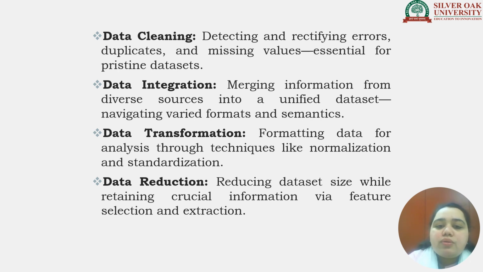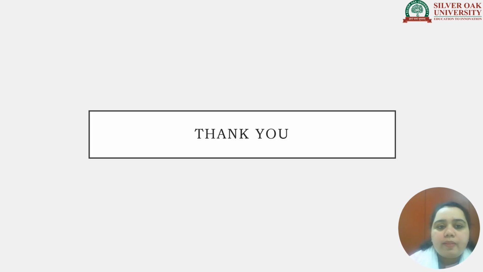So to reduce it and to extract the useful information, we can use the data reduction technique to minimize the data and to extract the useful features which would play a vital role in our model. That's all for today. Thank you.